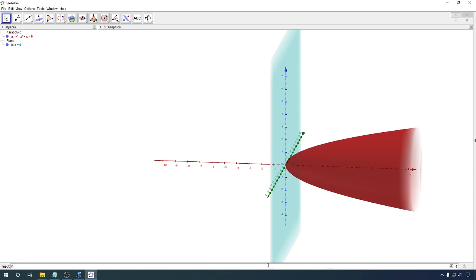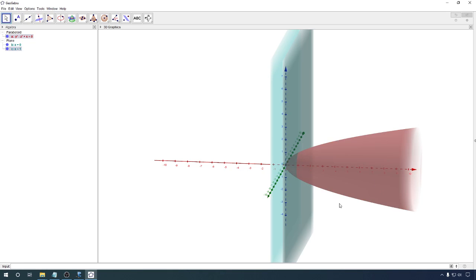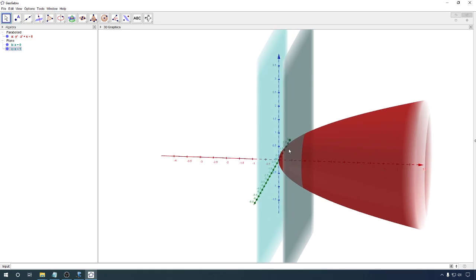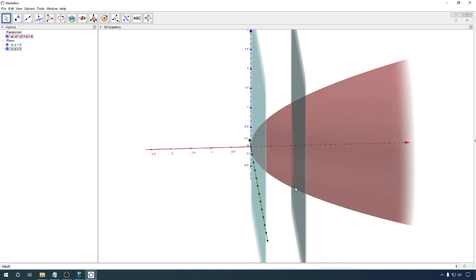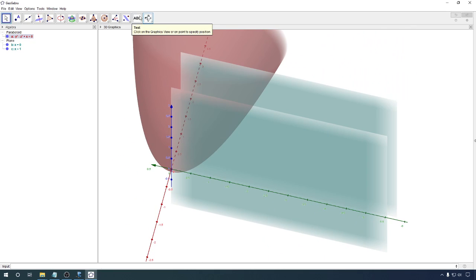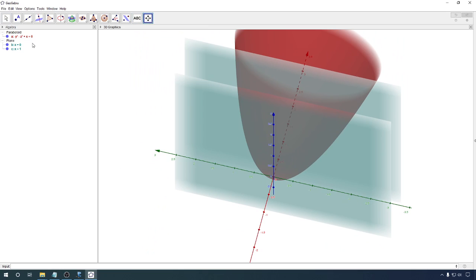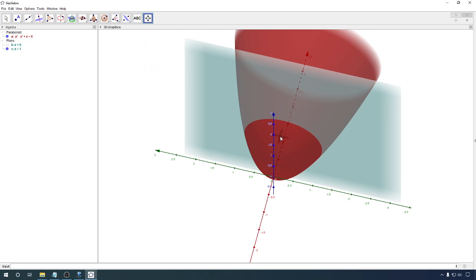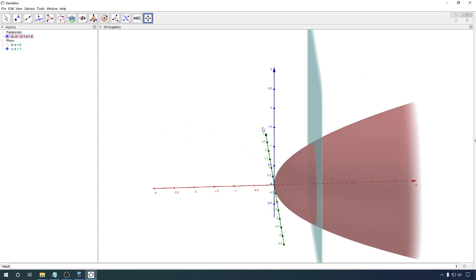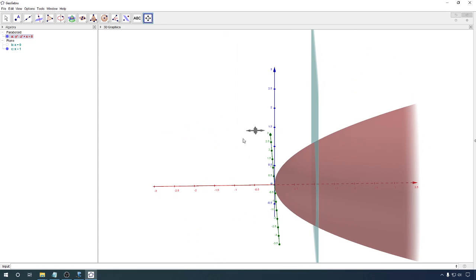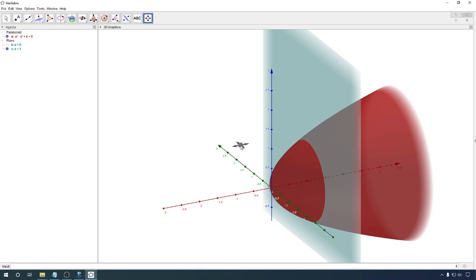But then we go to x equals 1. So we're only looking at this piece, the tip of our paraboloid. I don't really need that part, I guess. So we're only looking at that part of it. We do need to come up with a parameterization for this, though.